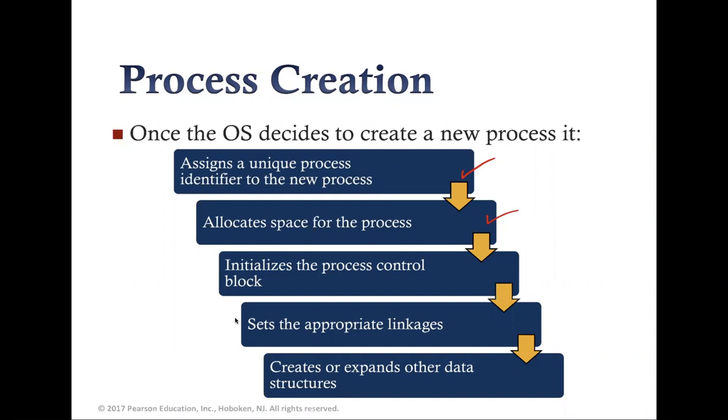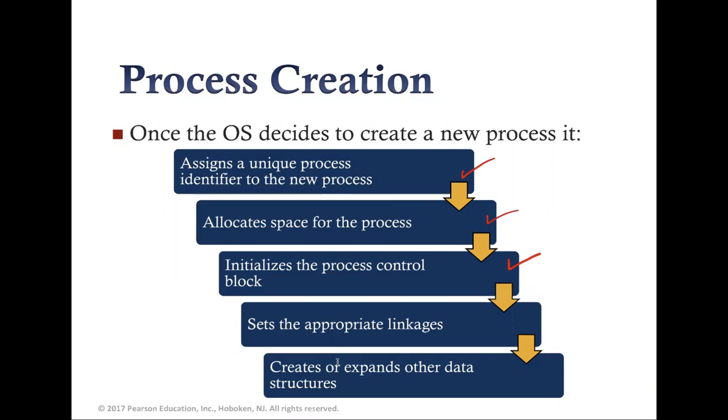Finally, a space for a process control block must be allocated, and then a process control block is initiated. Once the process control block is initiated, the process identification portion will contain the ID of this process, plus any other appropriate IDs, such as the ID of the parent process.